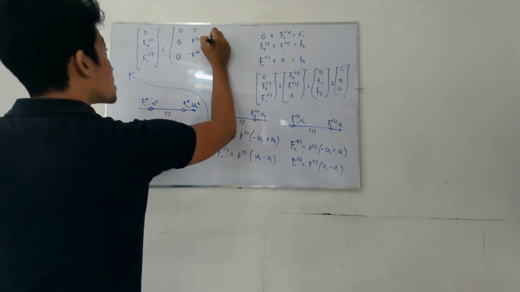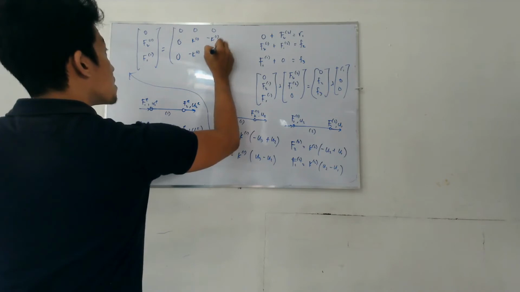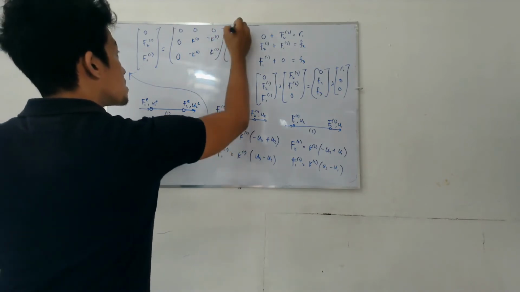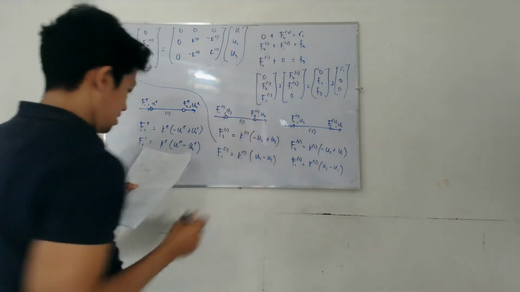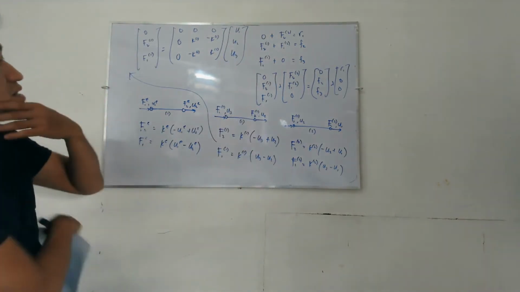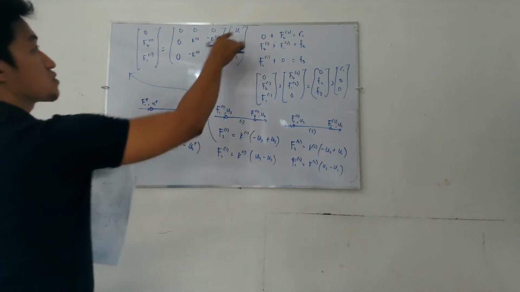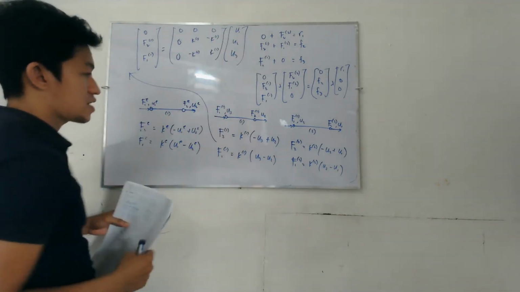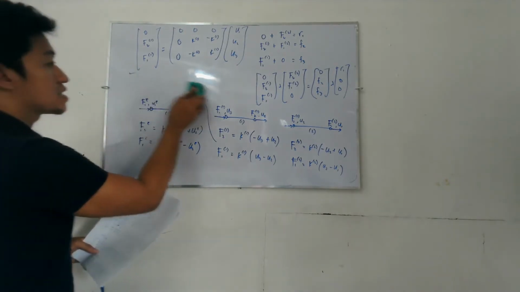0, u1, u2, u3. Okay? So look at the equation from earlier; it is actually the same. When you multiply here, the 0 cancels. Okay?